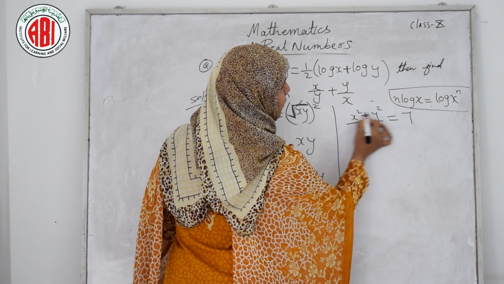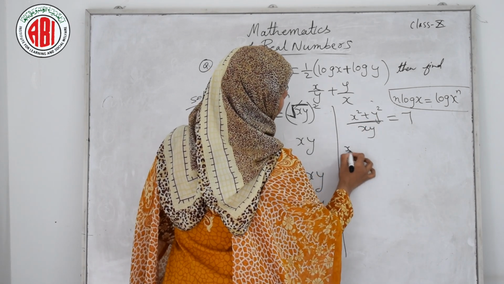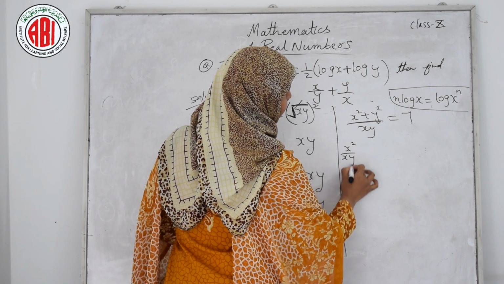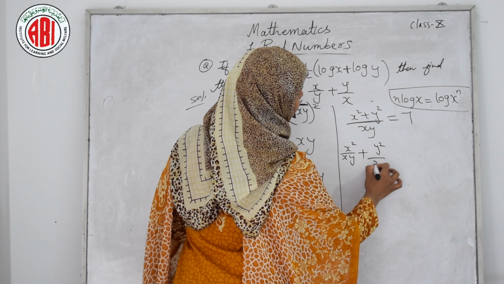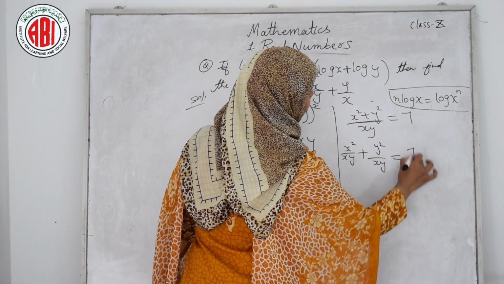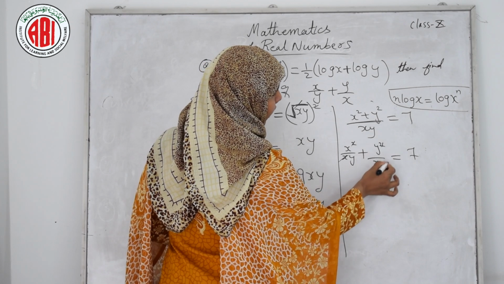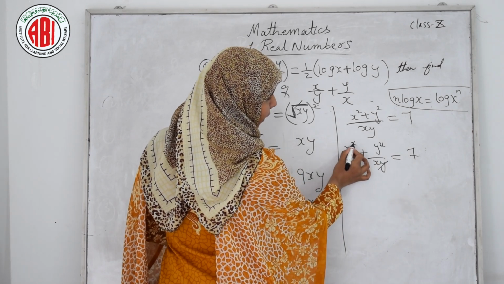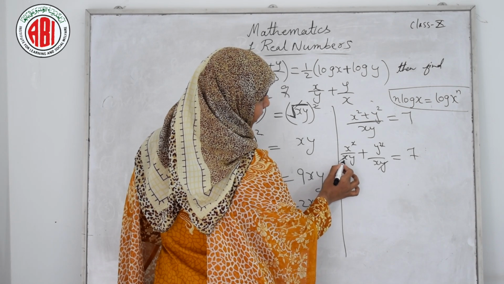Now we can separate this denominator to both the terms. Separately, we write x square by xy plus y square by xy is equal to 7. x square and x get cancelled, y square and y get cancelled. Here x square means x into x, so one x from here and one x from here are cancelled.